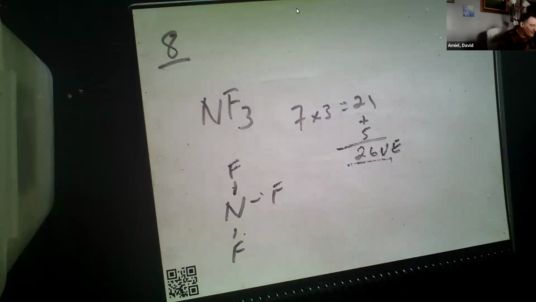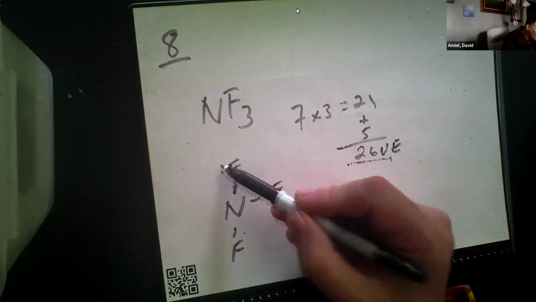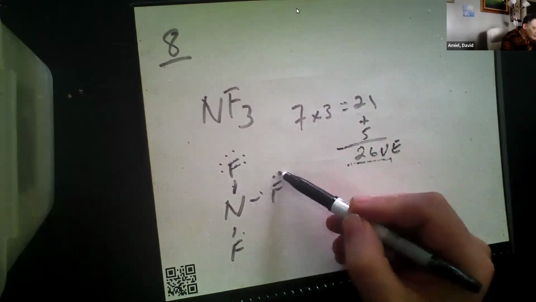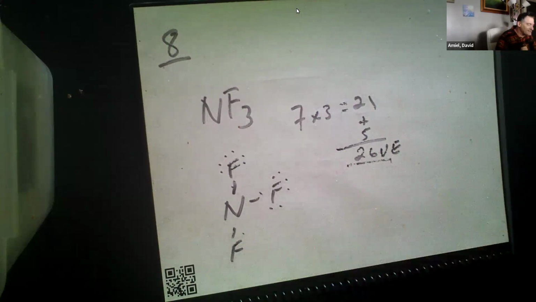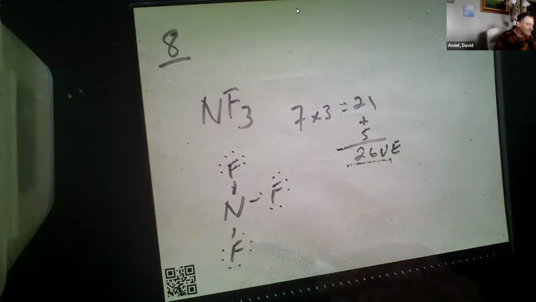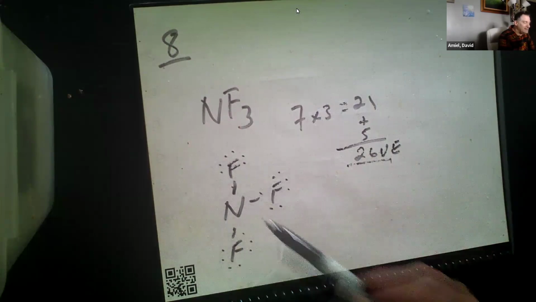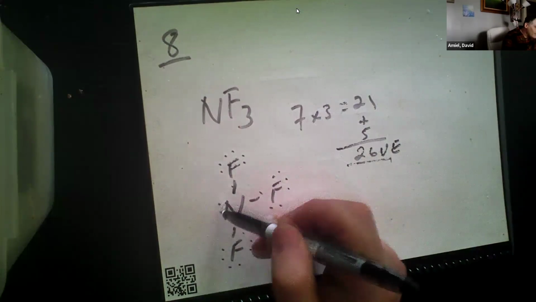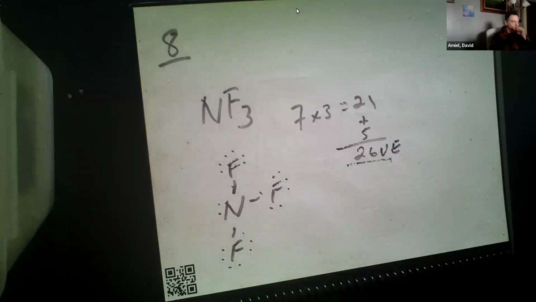Okay, 20 left. Let's see. 2, 4, 6. 2, 4, 6. 2, 4, 6. That's 18. And we got 2 left. And there we go. Just like that.